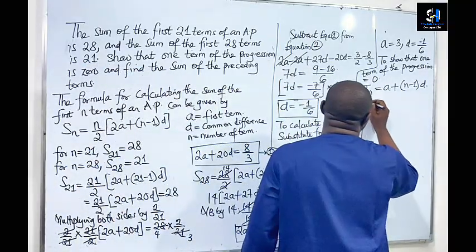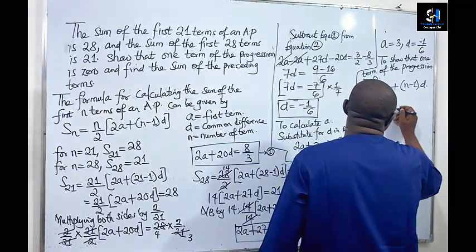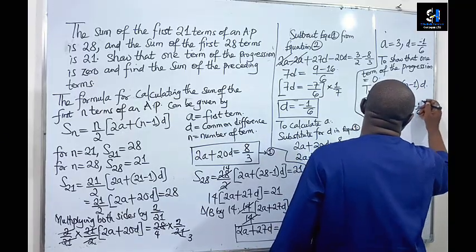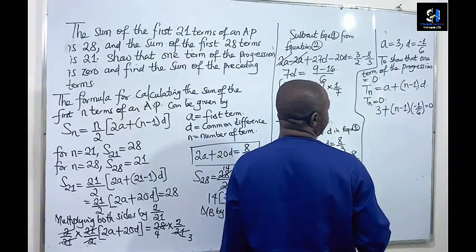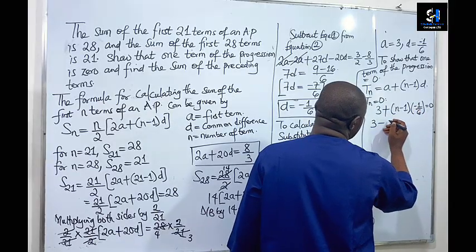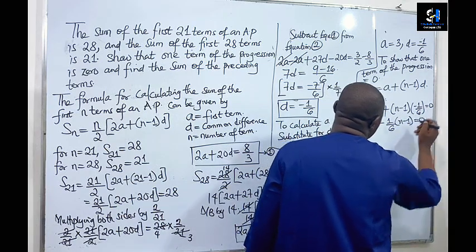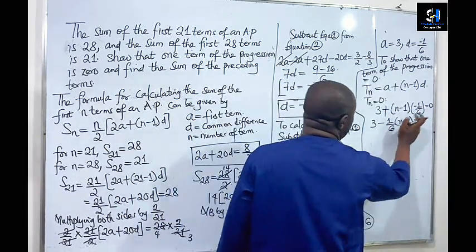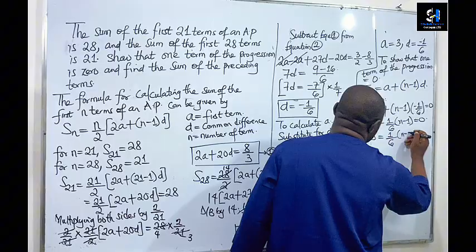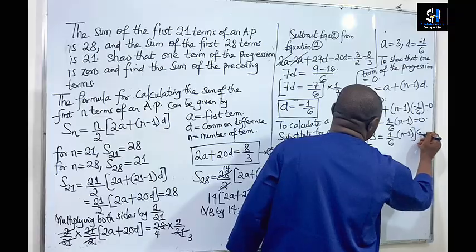So when this equals 0, the first term, which is 3, plus (n minus 1) times d, which is minus 1 over 6, equals 0. So this will be 3 minus 1 over 6 (n minus 1) equals 0. Now let me carry this over to the right hand side, so it will be 1 over 6 (n minus 1).